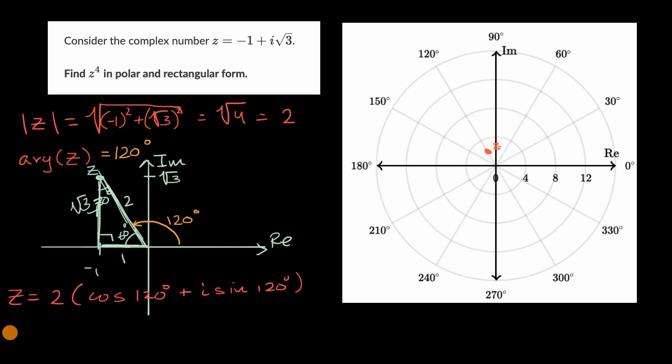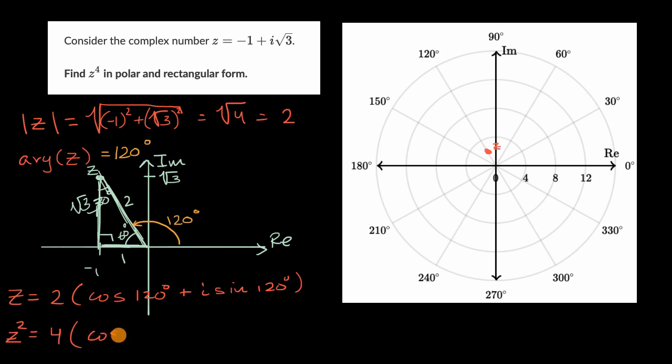Now what would z squared be? Well, when you multiply complex numbers and you've represented them in polar form, we know that you would multiply the moduli, so it would then be 2 squared, so it would be 4 right over here, and then you would add the arguments. So you would essentially rotate z by another 120 degrees because you're multiplying it by z.